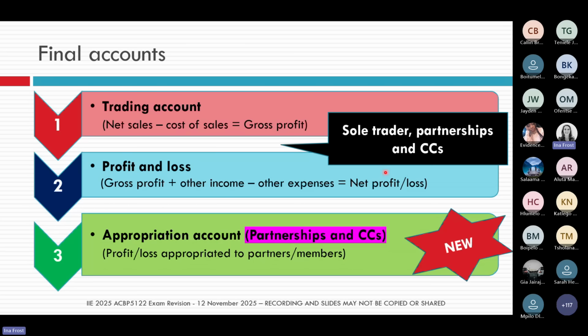But closed corporations and partnerships also have an appropriation account. The profit or loss the business has made gets taken to the appropriation account, and that is where we share it amongst the partners or the members of the closed corporation. So let's look at these appropriation accounts.